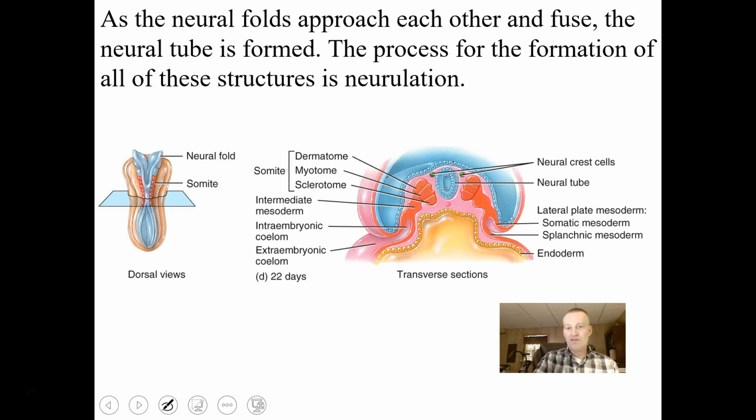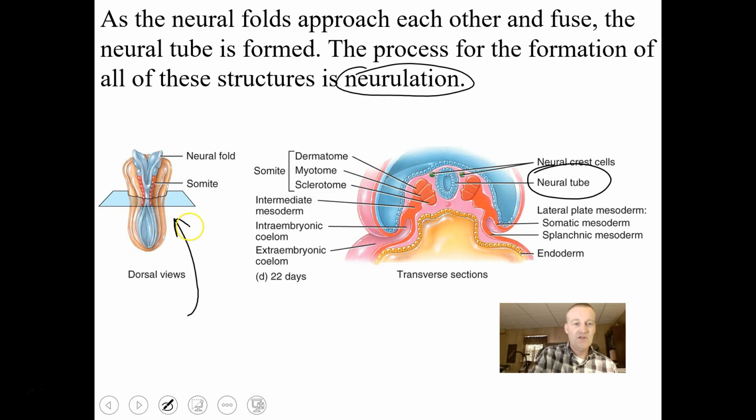And eventually they seal off and form a tube called the neural tube. That neural tube will become your spinal cord and your brain, and it will fold to form different folds of the brain. And this is called neurulation, and a really important part of development.